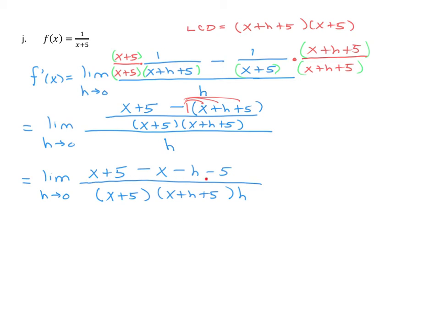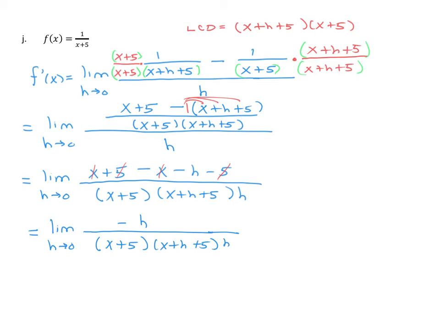Okay, in terms of what cancels, we can cancel an x and a 5, and we're left with just negative h. So this is the limit as h goes to 0 of, okay, we get negative h, then we have x plus 5 times x plus h plus 5 times h.